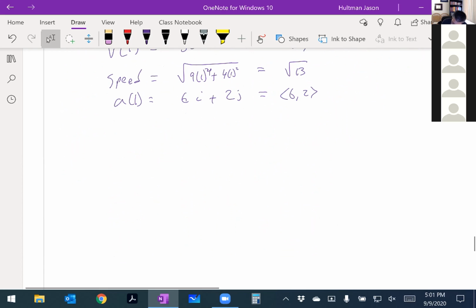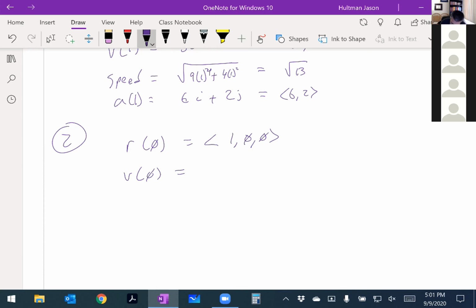Okay, number 2. Okay, R naught is equal to 1, 0, 0. So we're starting off at 1, 0, 0. Okay, V naught is equal to i minus j plus k.